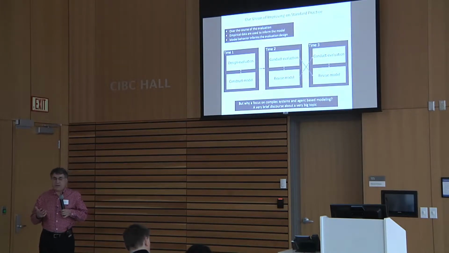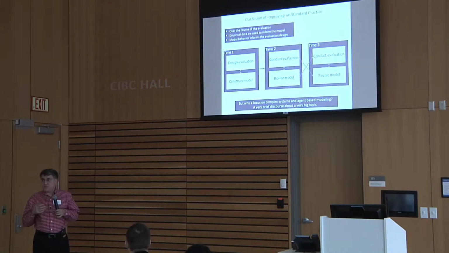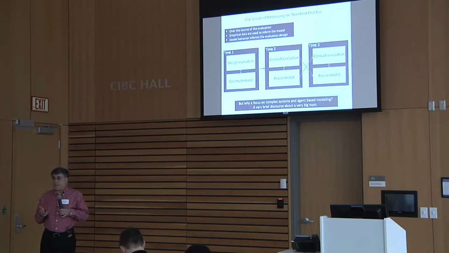The evaluators come back with the empirical data, and you say, you told us that Y is going to happen, so we tried to measure it, and you were wrong about that, but we found out that Z happened, and we wouldn't have known about Z if we hadn't tried to measure Y. And then the model builders say, okay, if we know that Z is happening and not Y, we're going to adjust the model. So you can see how this goes on, and you're continually adjusting your evaluation.